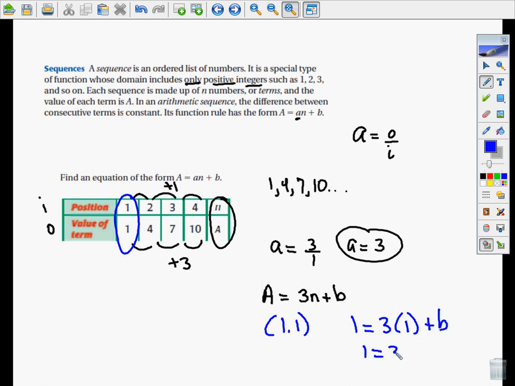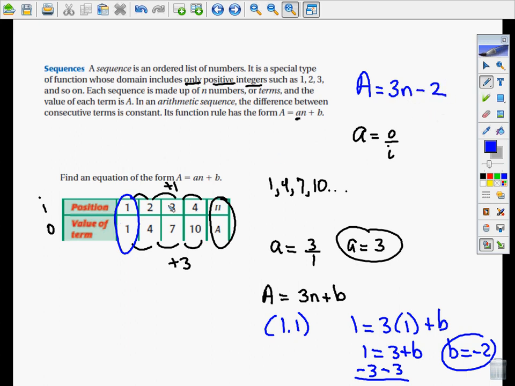So 1 equals 3 plus b. If I subtract 3, I end up with b equaling -2. So I have my a and I have my b. So my sequence rule is a equals 3n minus 2.